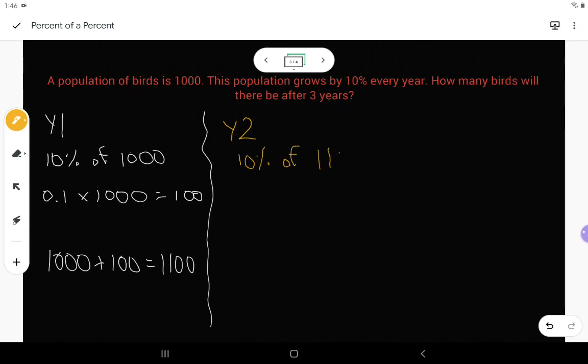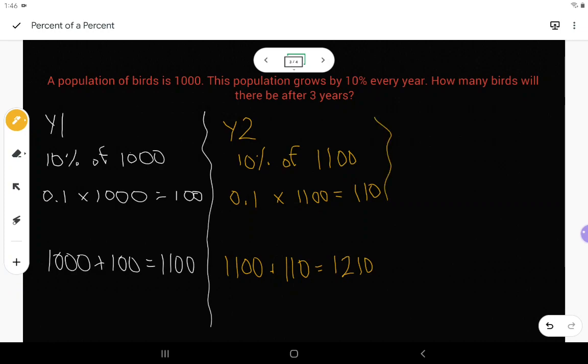My total now is 1,100. So I need to find 10% of 1,100. So that's 0.1 times 1,100, which is 110. So I started with 1,100 birds at the beginning of year 2. By the end of the year, we'd added 10%, which is 110 more birds, and now we have 1,210 birds at the end of year 2.